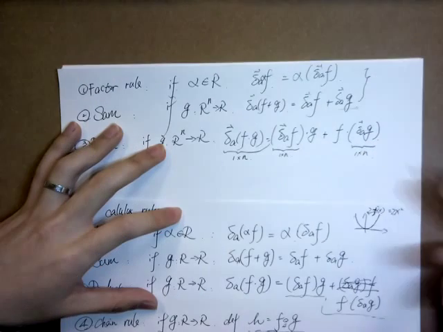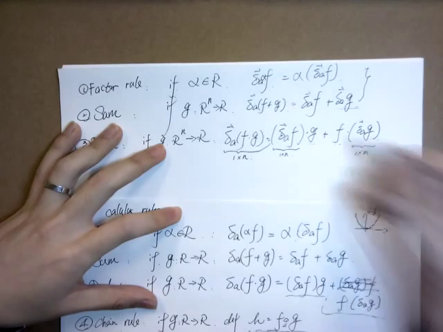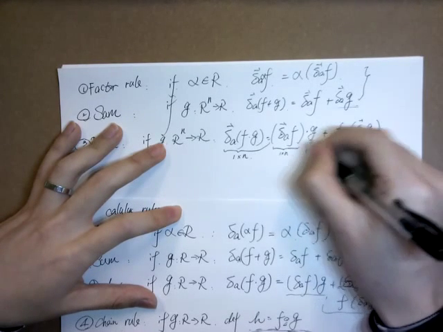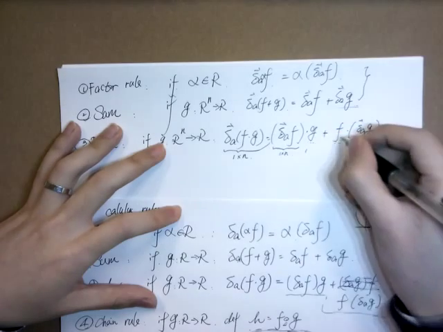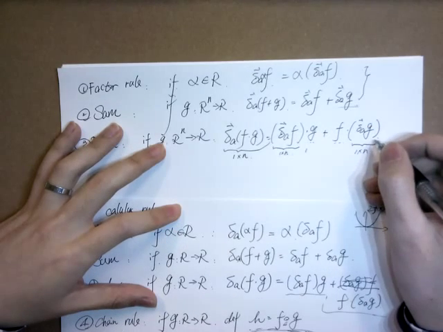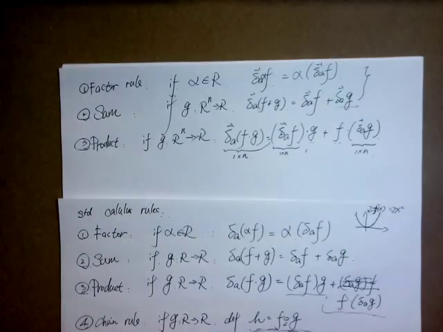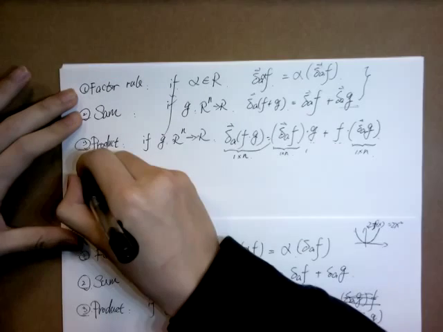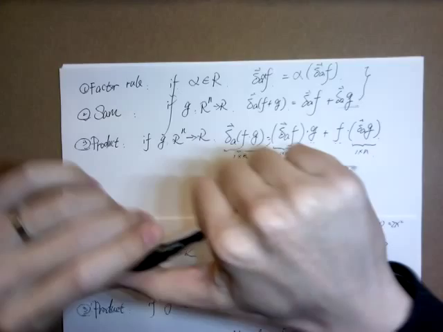But the good thing is both g and f are just scalars. So it's a vector times a scalar plus a scalar times a vector. So the dimensions still match. All right? Okay.